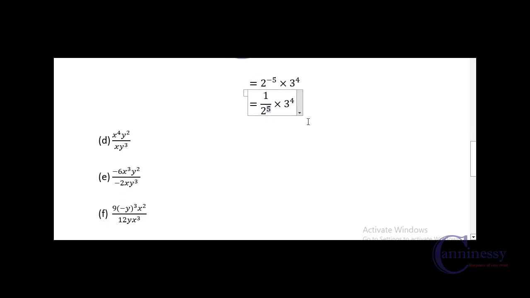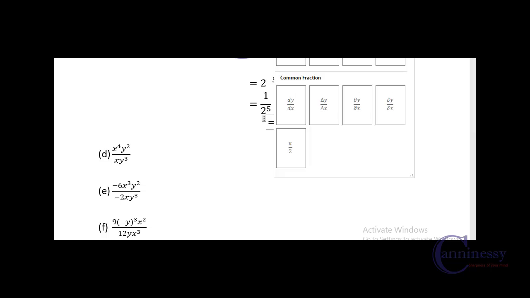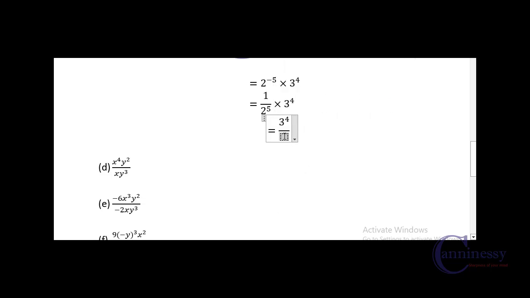Also, at this stage you cannot leave your answer in this form. You have to simplify it. When you simplify it, it is equal to 3 to the exponent 4 divided by 2 to the exponent 5.